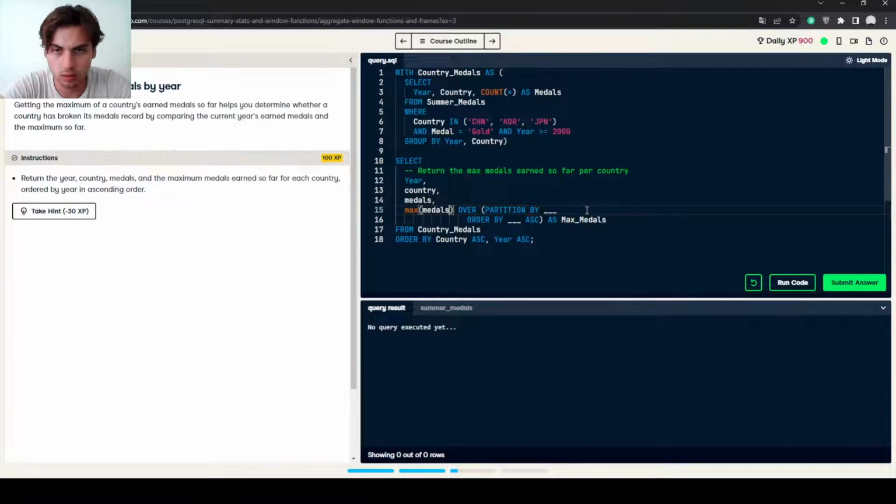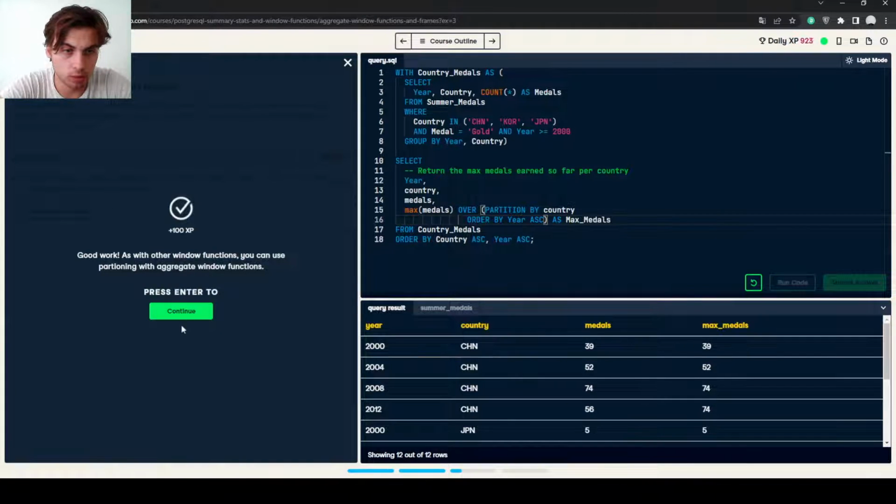Partition by, то есть разделение на earned so far each country. Country. Order by year. Year. Все, верно. Отлично. Погнали дальше.